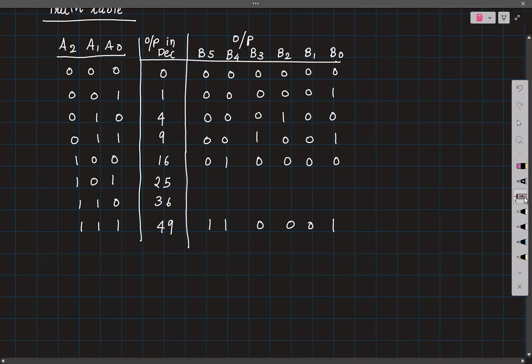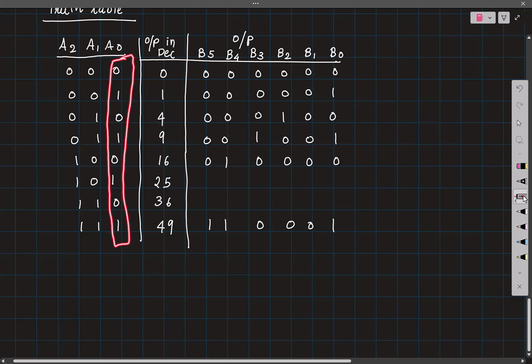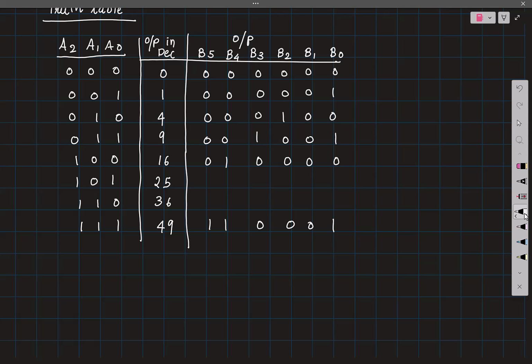Is that the same as A0? You'll get your B0 to be the same as A0. Right? Which means you don't need to store this information anywhere. Whenever A0 comes, you directly connect it to B0.